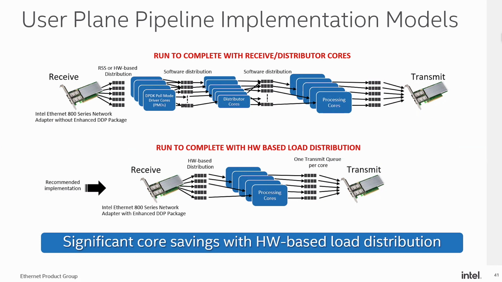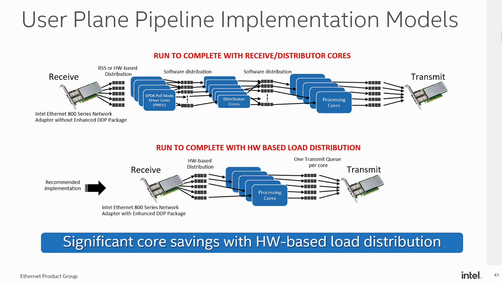They examine the frame header fields and decide which processing core these frames need to be moved to. So you then have to send from the distributor cores to the processing cores, and then finally on the transmit side. That's all software-based flow movement and frame processing.